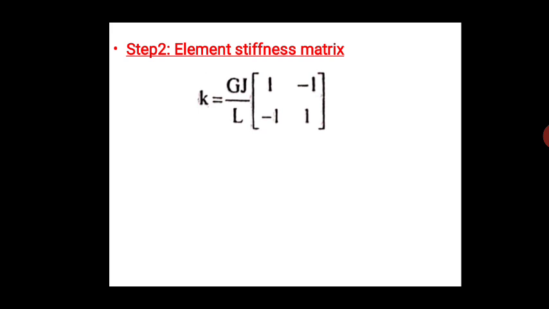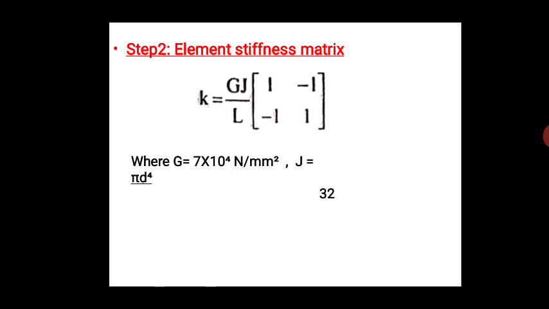Here in the data, the rigidity modulus G is given as 7 into 10 raised to 4 Newton per mm square, and J, we know for a solid bar, is pi d to the power of 4 divided by 32.